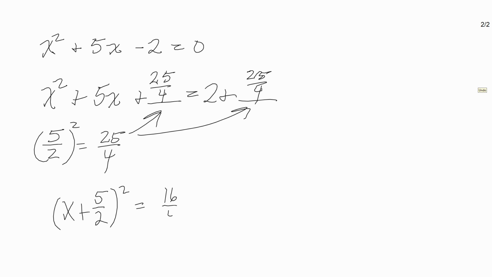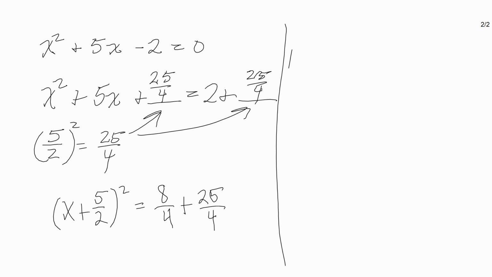Don't know how to count. 8 fourths. So that's going to give me x plus 5 halves quantity squared is equal to, what is it, 33 fourths? All right, now I did that much for you, for those that had to quit. Now finish it.